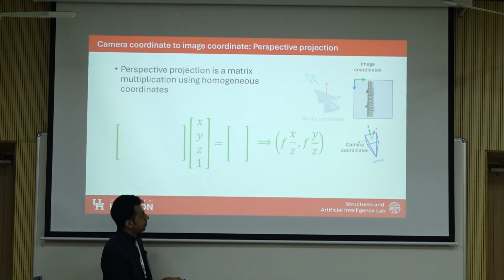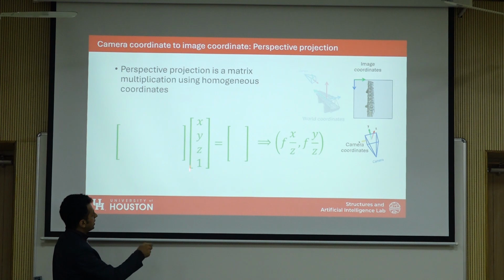So we want to go from the bridge, which is now in the camera coordinate system, to the image coordinate system. So I have my homogeneous scene or world coordinate, which is x, y, z, 1, and I want to get these image coordinates x comma y. And the question is, what is this matrix that I can multiply with this to get this expression?